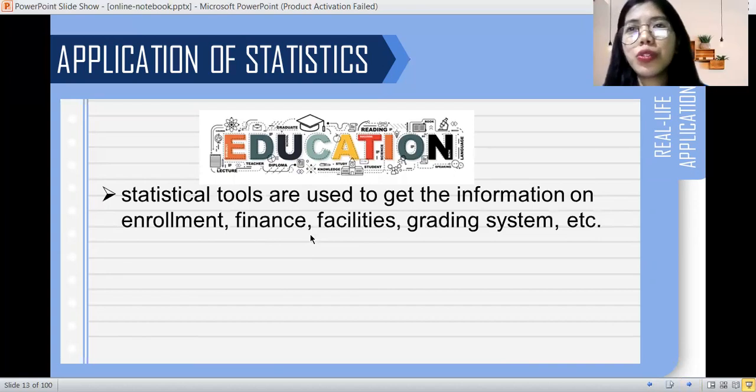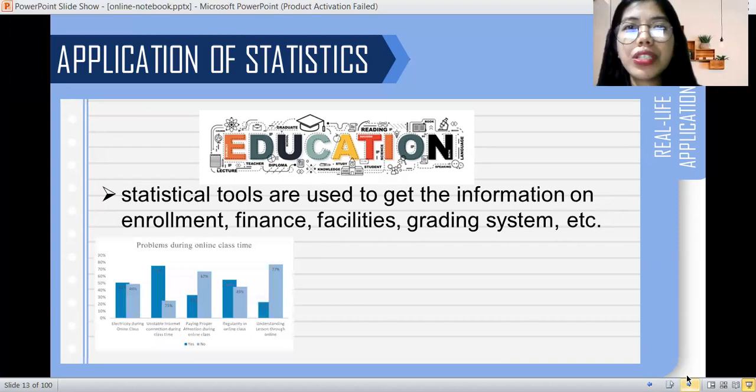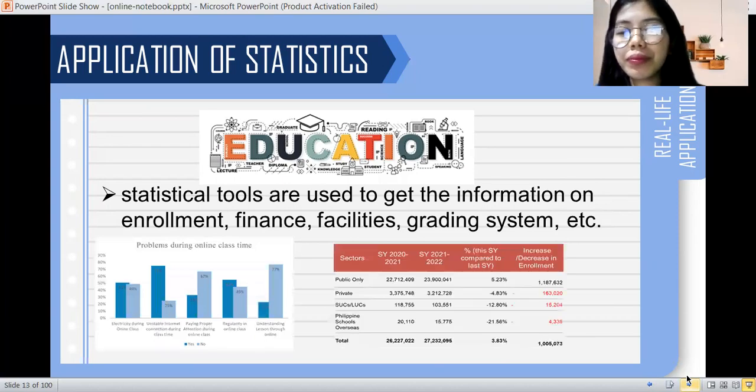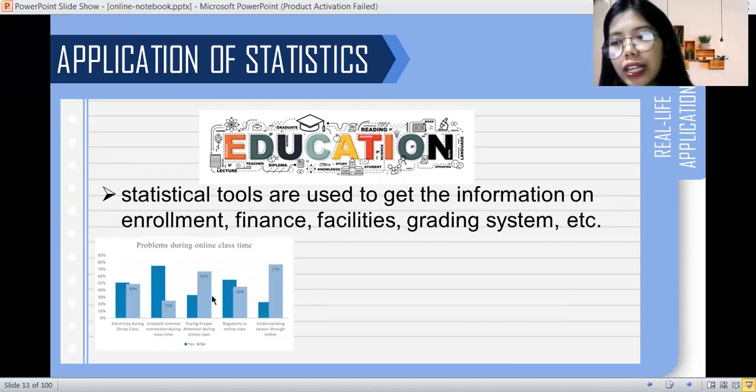Statistical tools are used to get the information on enrollment, finance, facilities, grading system, and etc. So ginagamit daw po natin ang statistics sa education. For example, itong first example natin, problems during online class.